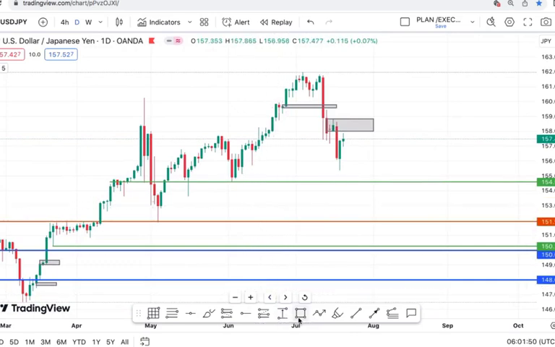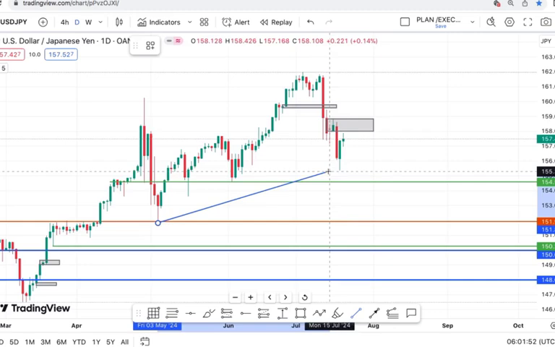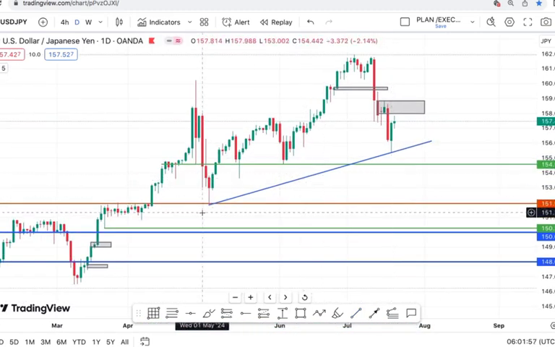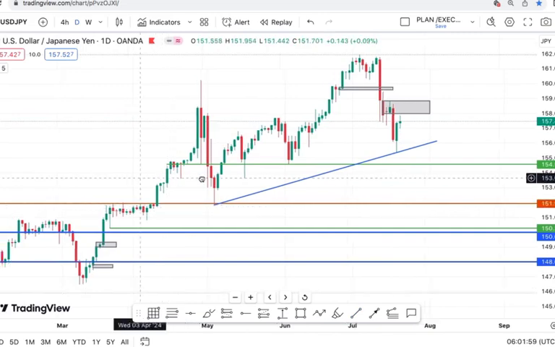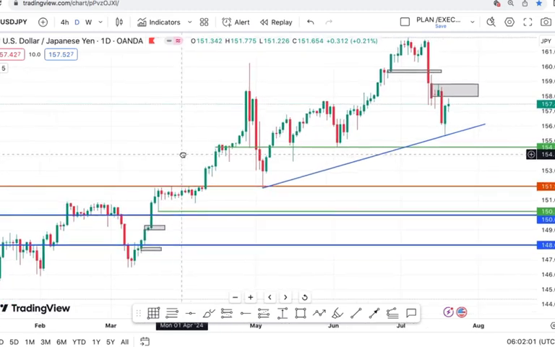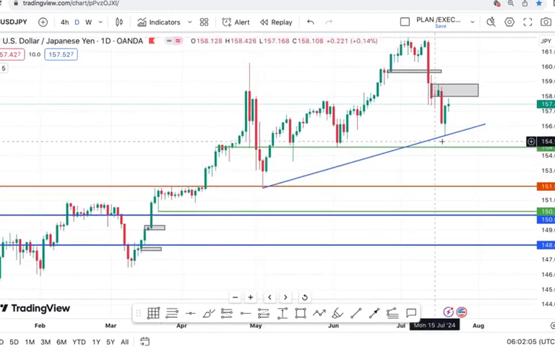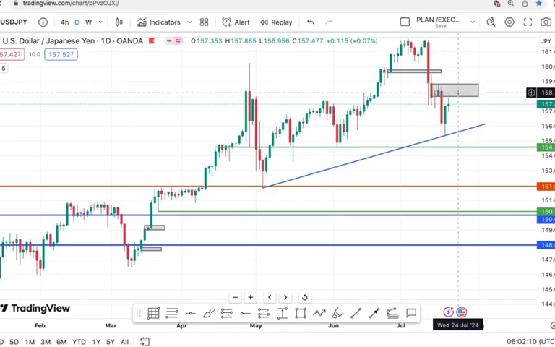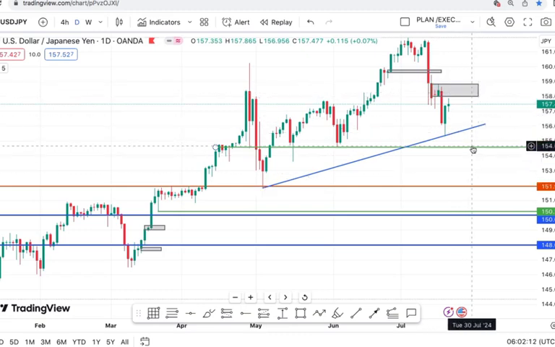Because if you take a good look at this pair, look at this trend line, and we have this support again here. This is resistance turned support here, and this is another liquidity building up. So I'm expecting price to react from this zone and crash to the downside too.